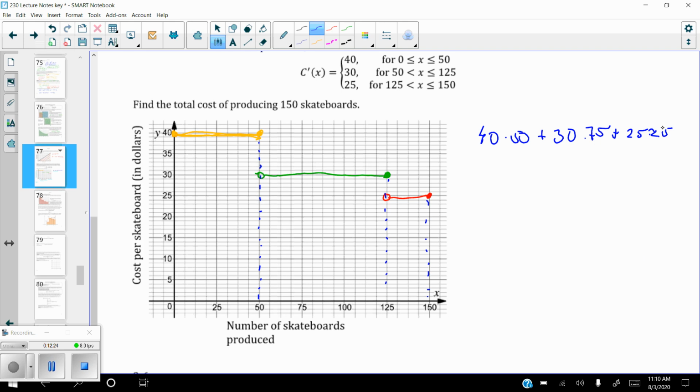All right, so let's see. 40 times 50 is 2,000. 30 times 75 is going to be, let's see, what is that? 2,250. And then 25 times 25 is 625.